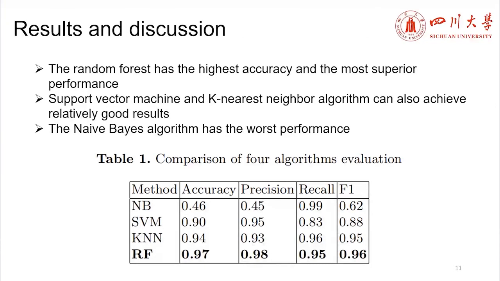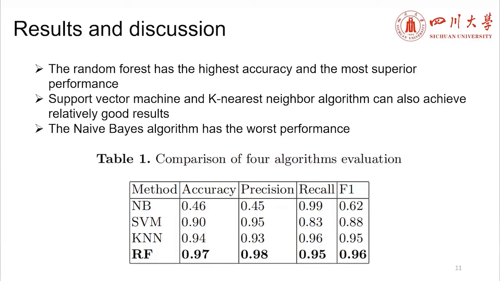Next, we will discuss the experimental results. The experimental results are shown in Table 1. We can intuitively see the random forest model used in our paper has the highest accuracy and the most superior performance. Its accuracy is 0.97, precision is 0.98, recall is 0.95, F1 score is 0.96.